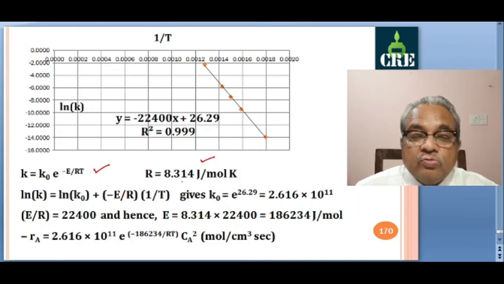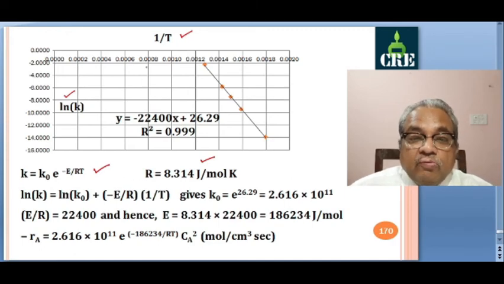So R we will use 8.314 joule per mole per Kelvin. Take log of both the sides. Ln of K is equal to ln of K0 plus minus E by R into 1 by T. Okay. So on y axis we have to plot ln of K, on x axis 1 by T. This is temperature in Kelvin, so this is Kelvin inverse.